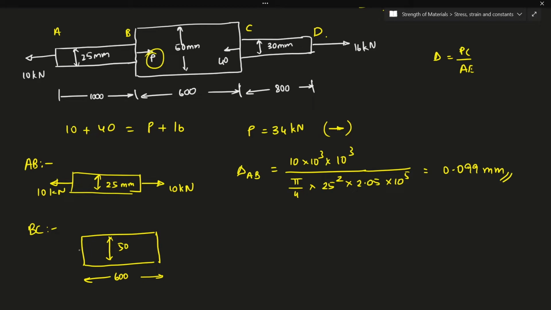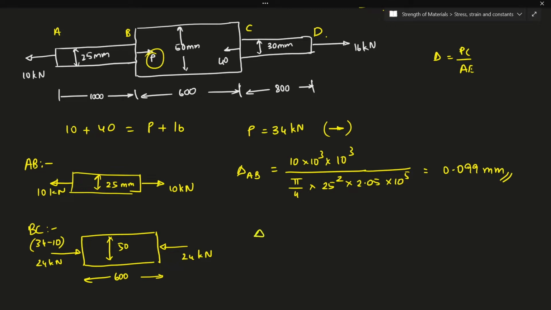Right, so here again it is a compressive load. That is nothing but 34 minus 10, which is 24 kilonewton. So this is also 24 kilonewton. I can either calculate from left or from right. From right, I'll be having plus 16 minus 40, which is again minus 24. Minus represents here that it is a compressive load.